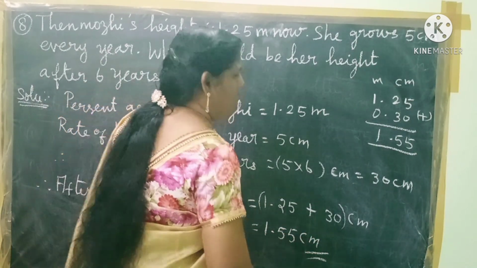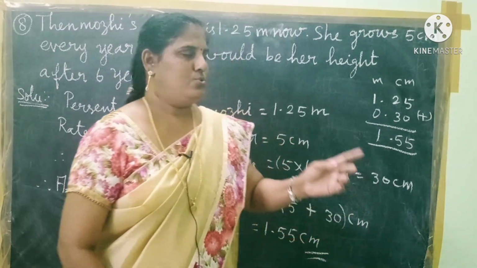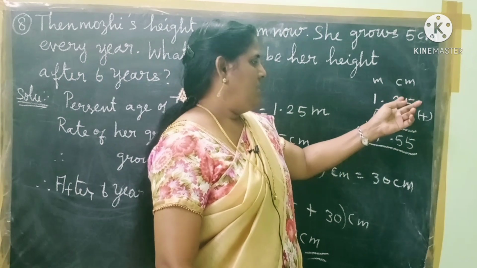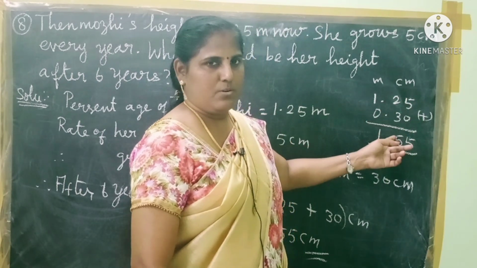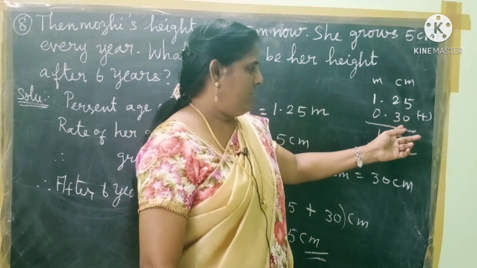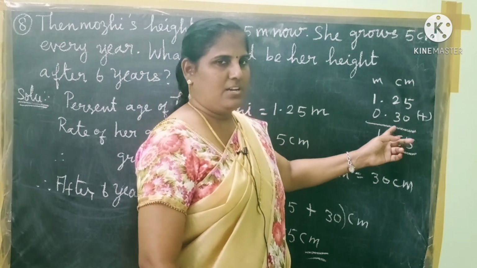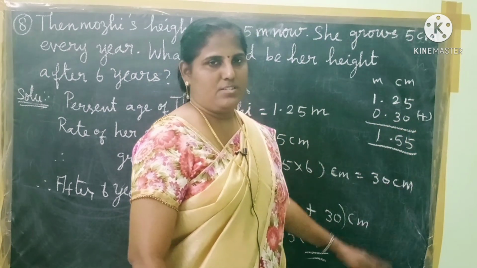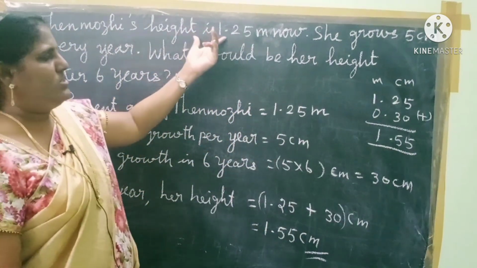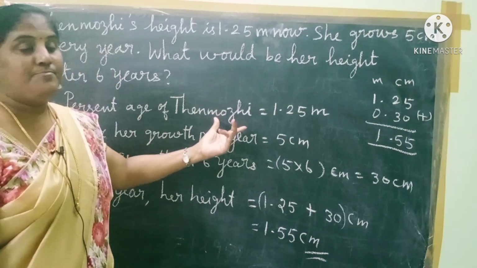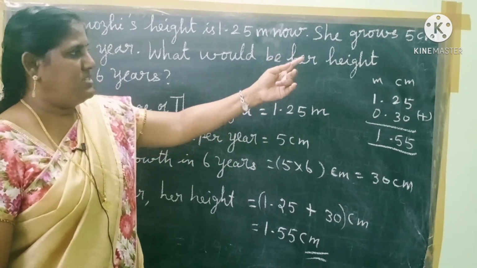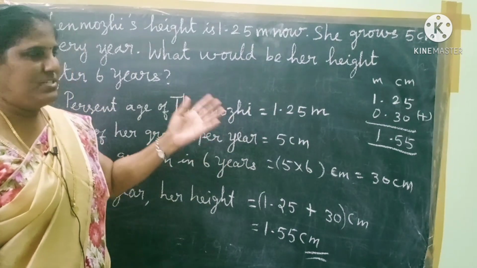Already I told you, when you add and subtract, you should put the numbers according to the units. Okay, you should see the digits and the units, everything, and put them evenly, then do the sum. So here the present height of Tenmozhi is 1.25 meter. Her growth every year is 5 centimeter.